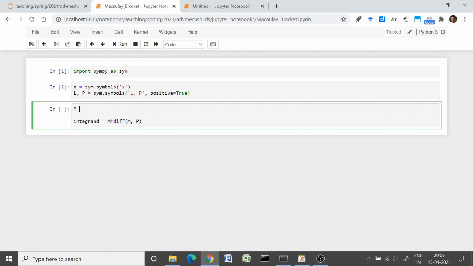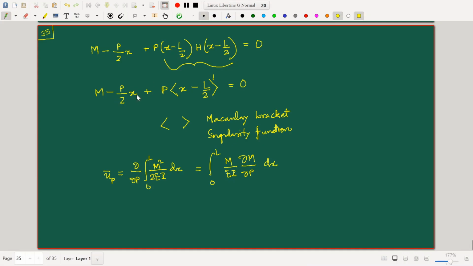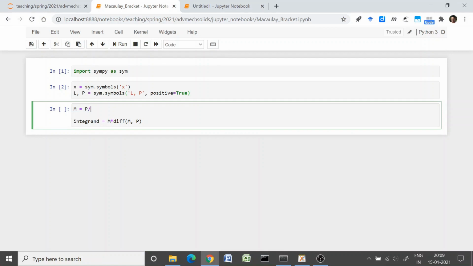Now this M is the key thing to write here. So M is equal to P by 2 times x, minus the singularity function.